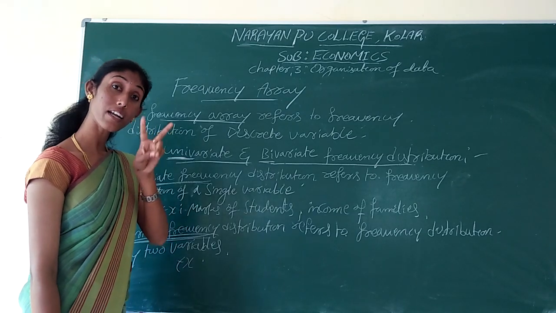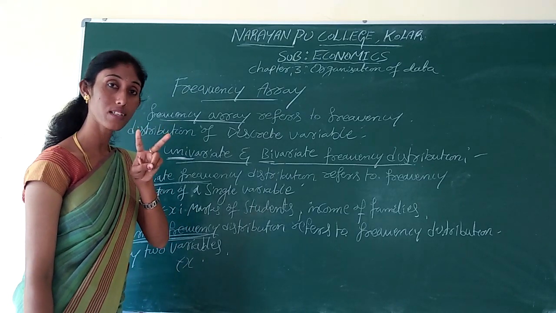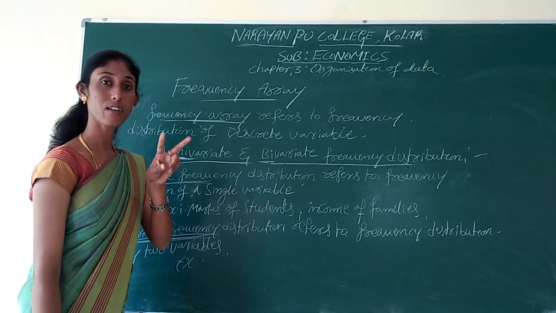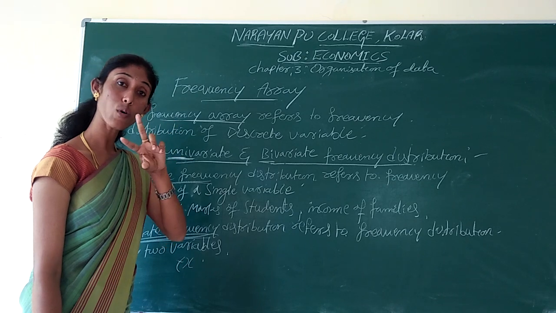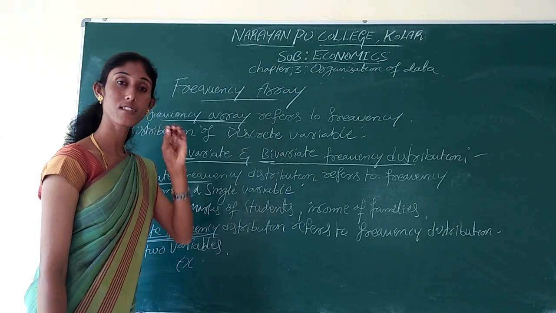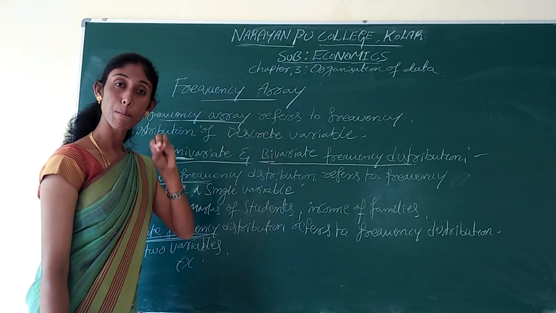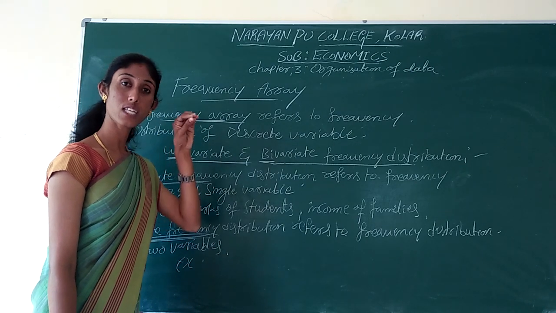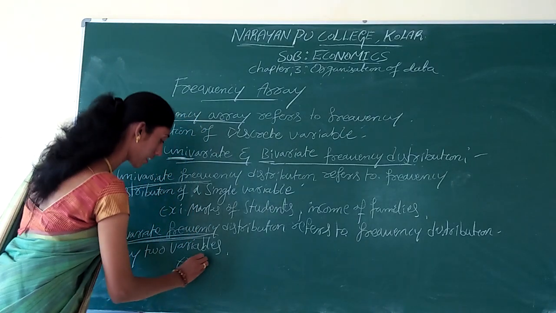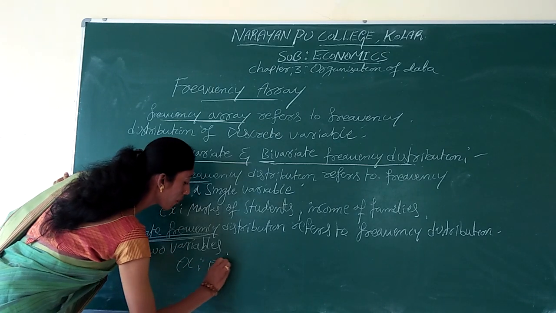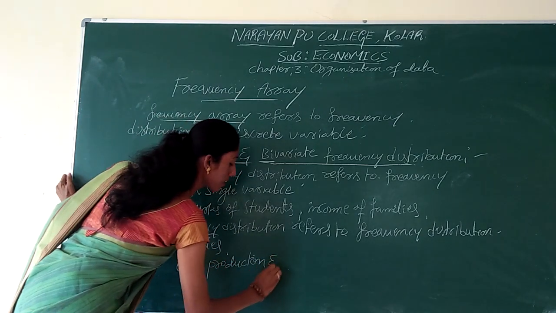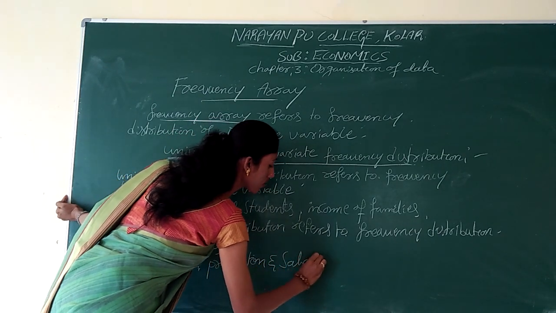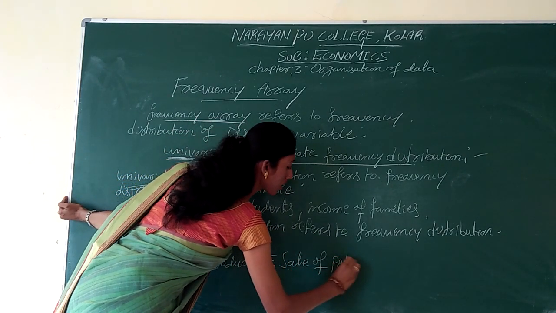There we are taking at a time the two variables. Got it? In that way, when we are going to distribute the frequencies of two variables, that can be called bivariate frequency distribution. Take the example, production and sale of potatoes in India.